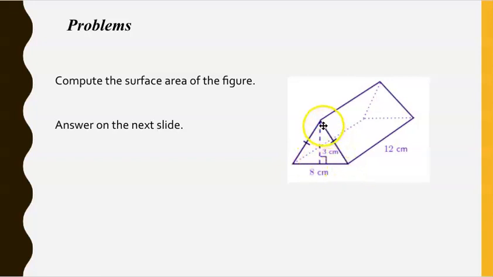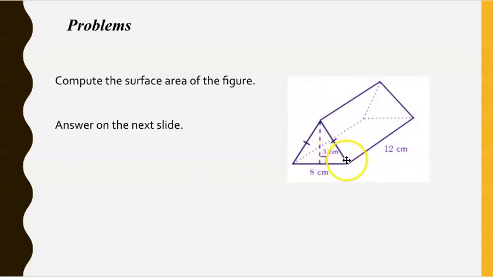So now we need to find the length of this third side. You can use the Pythagorean theorem and say 3 squared plus 4 squared equals c squared. So 9 plus 16 would equal 25. So if 25 is the square of the hypotenuse, then the square root of 25 is 5 centimeters. So this side must be 5 centimeters.